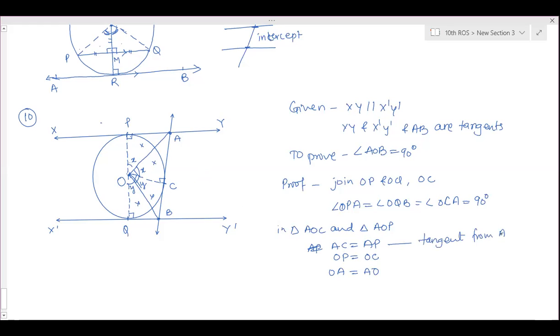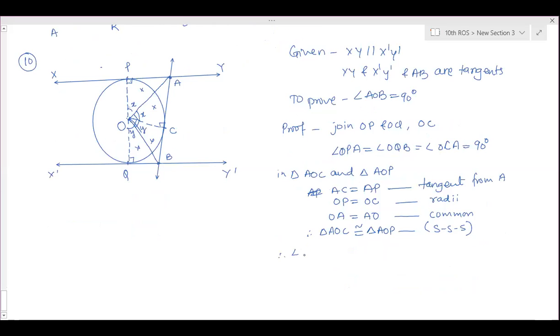Tangents from A, radii, common. Therefore triangle AOC is congruent to triangle AOP by SSS congruency. So angle POA is equal to angle COA by CPCT.